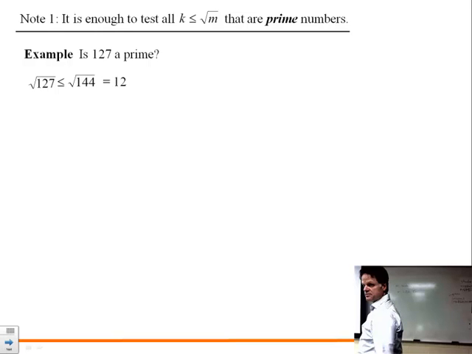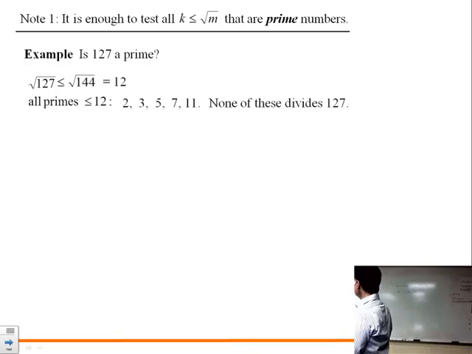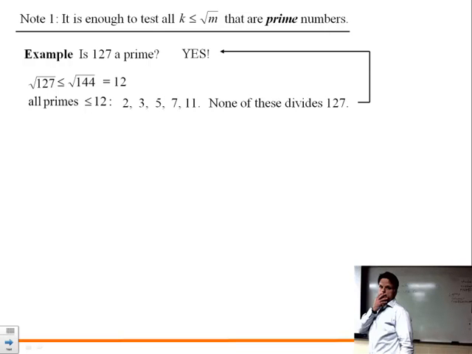It's actually less than 12. So what numbers do I have to do for trial division? 2, 3, 5, 7, and 11. And that's it. And if none of those go in evenly, none of those go in exactly, then it's prime. So it's easy to check. None of these divides 127. So it's prime. Trial division.